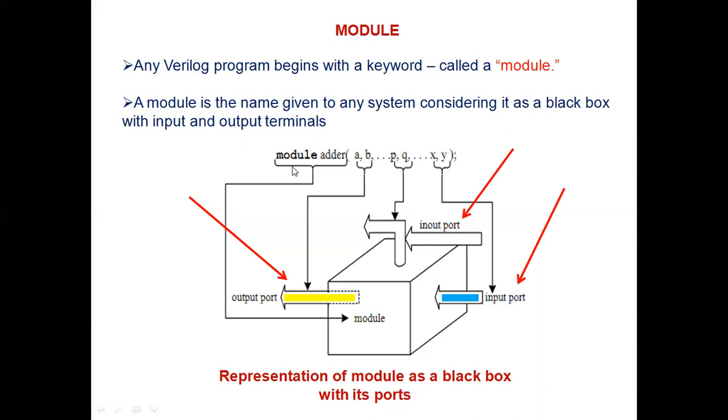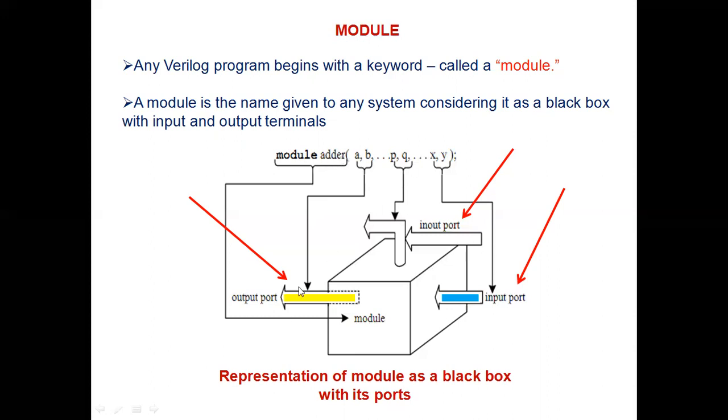Now here an example is given. How to declare the module? First of all we have to write the keyword module. Any Verilog program always begins with the keyword module. Next, adder is the name of the module.